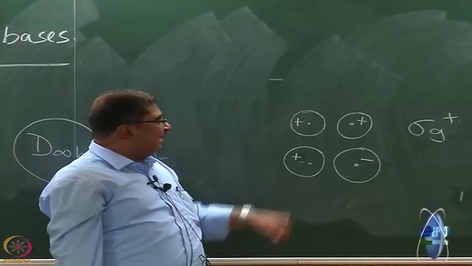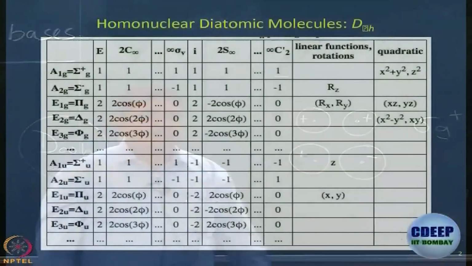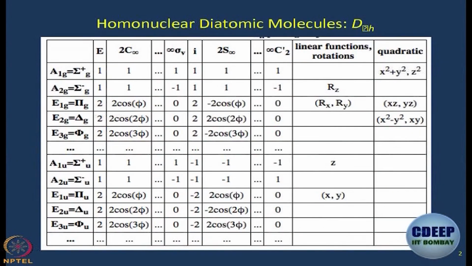Okay. That being said, where does the antibonding orbital belong? What is the character for E? Minus 1, 1. What is the character for C infinity? 1 or minus 1?